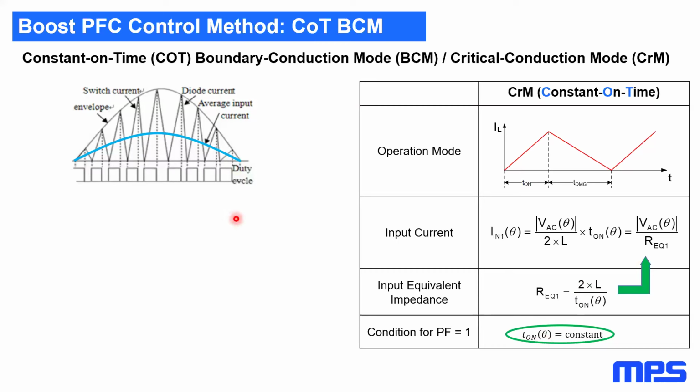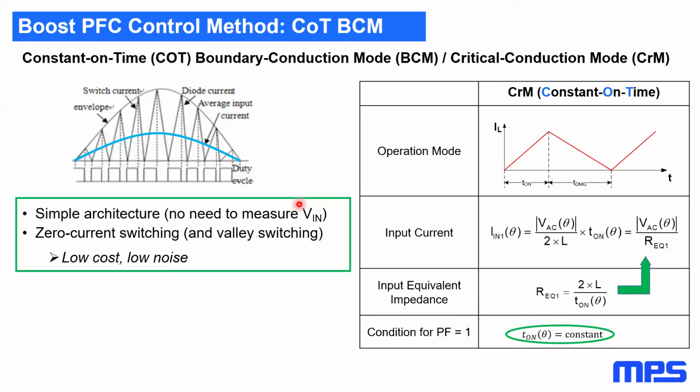So as long as you drive this boost with a constant on time and start the next T on, the next cycle, every time the current reaches 0, then you will ensure a perfect power factor. And this is done very easily because there's no need to measure, for example, the input voltage and do complex treatment of it to get the input current.